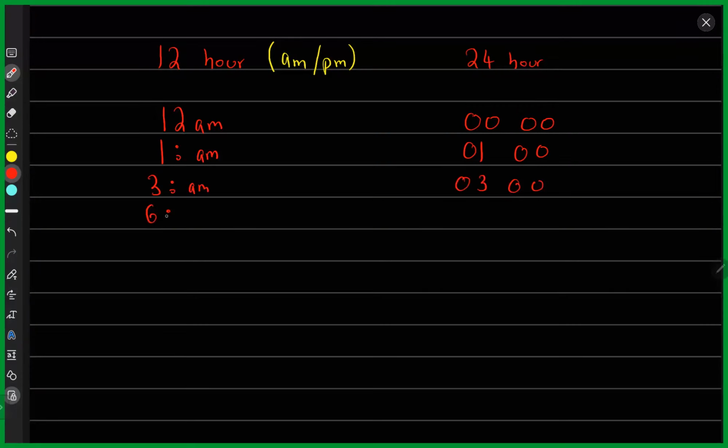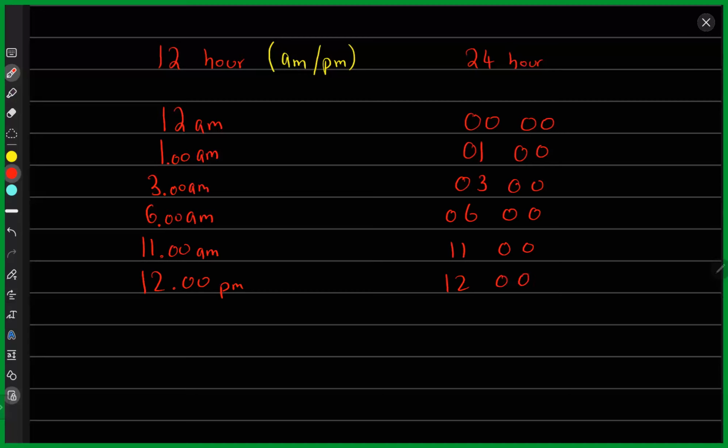If it is 6 a.m., it would be 0600. 11 a.m. is basically 1100, and 12 p.m., that is 12 o'clock in the afternoon, is basically 1200.